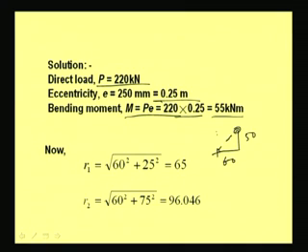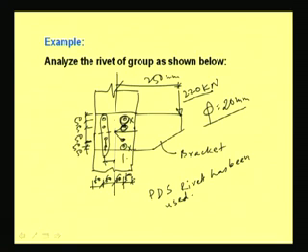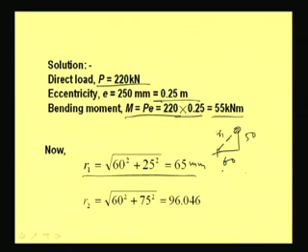So, the R1 value can be calculated from root over 60 square plus 25 square, which comes to 65 mm. Similarly, the extreme fiber rivet, that means this rivet, can be calculated. The extreme fiber rivet is somewhere here.